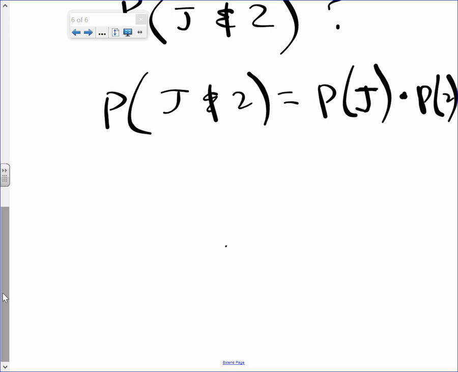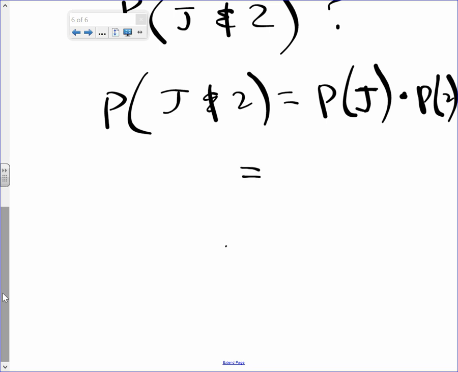I'm following the formula in the middle of your paper: probability of A and B is equal to probability of A times probability of B. A here just means a jack. B means getting a 2 off the die. Questions so far?